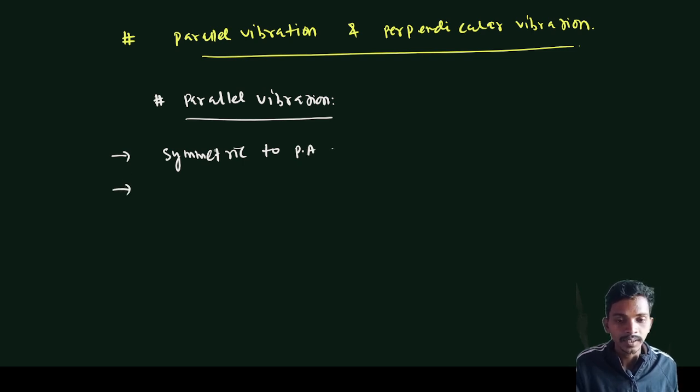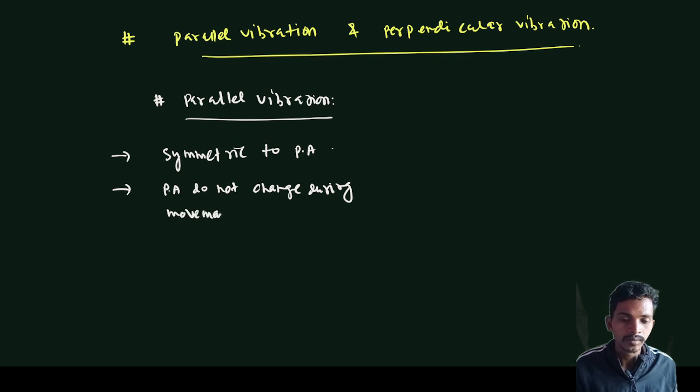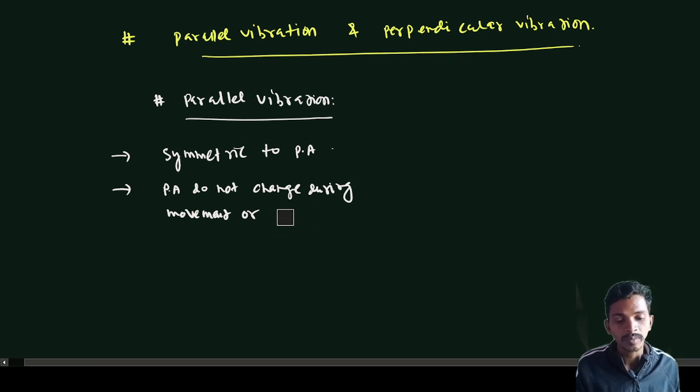And another thing is that before and after the movement of the molecules, the principal axis should be present. It means the principal axis should not change during the movement of the molecules, whether rotations, reflections or whatever.